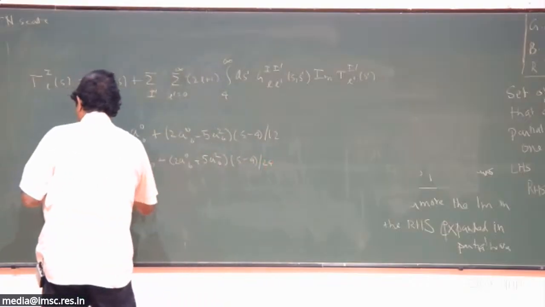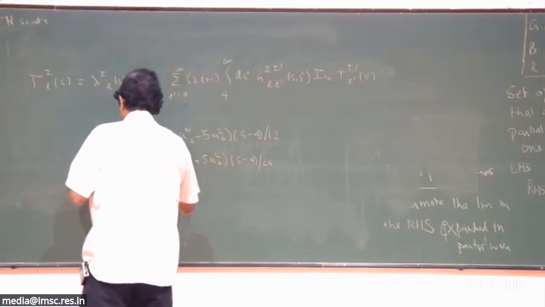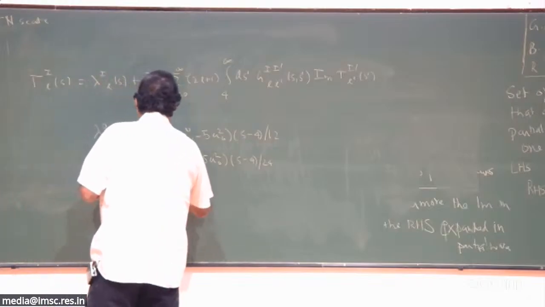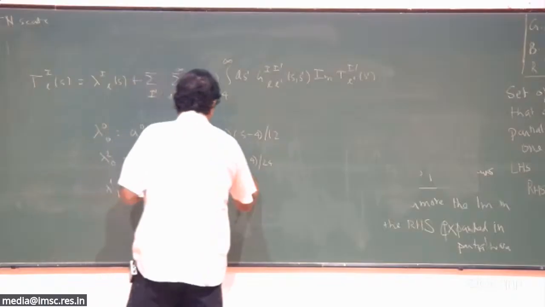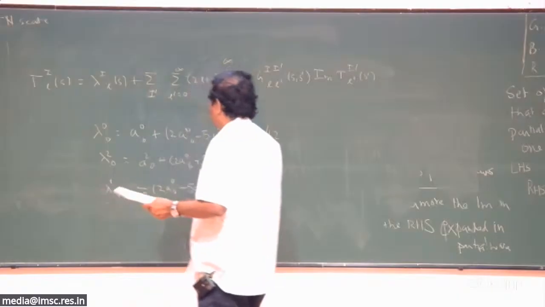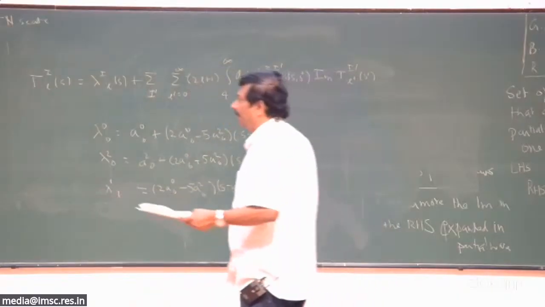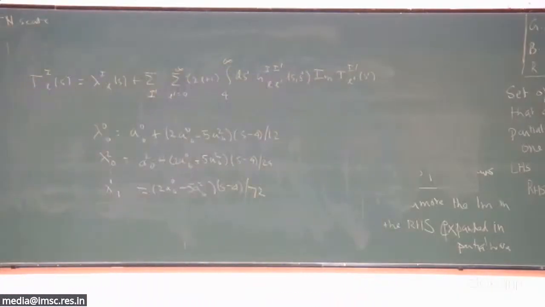Lambda 11 is (2a00 minus 5a20) times (s minus 4) by 72. All these factors, 2, 5, all these things are entries of this crossing matrix.